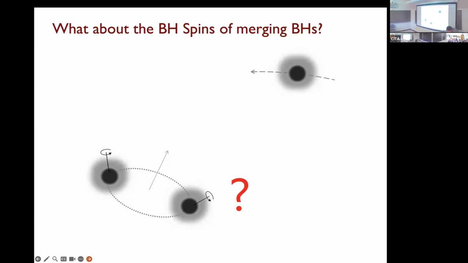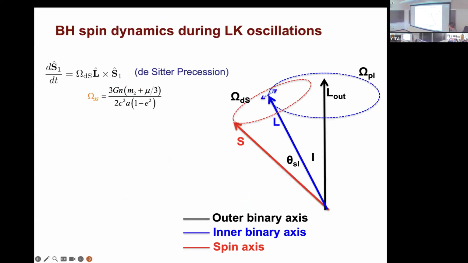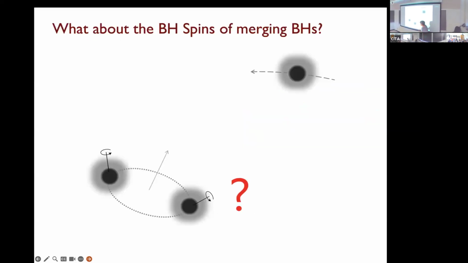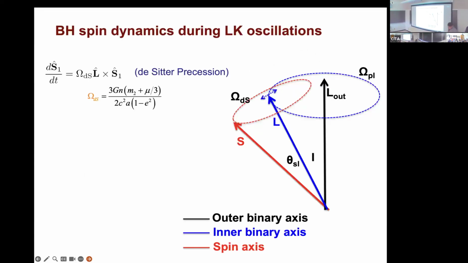Of course, it's not going to sit there constant and fixed. It's actually changing, because as I already mentioned, when you have a binary, the spin is precessing around L, the axis of the binary, through spin-orbit coupling, a post-Newtonian effect, also called the geodetic precession. So S of the black hole is precessing around L of the inner binary.